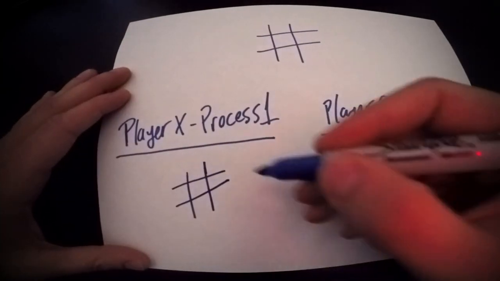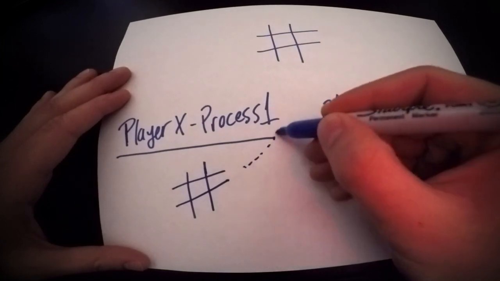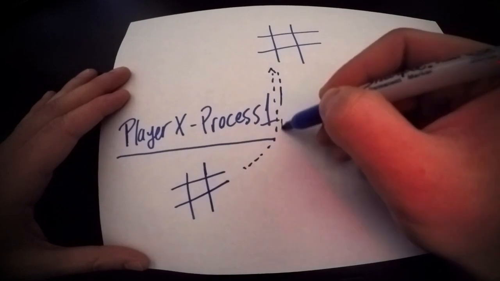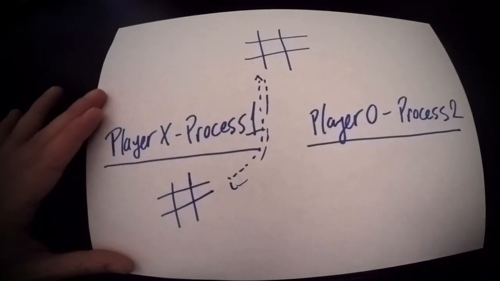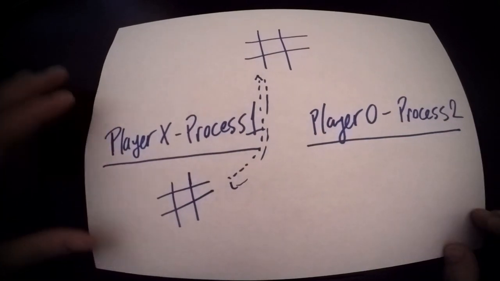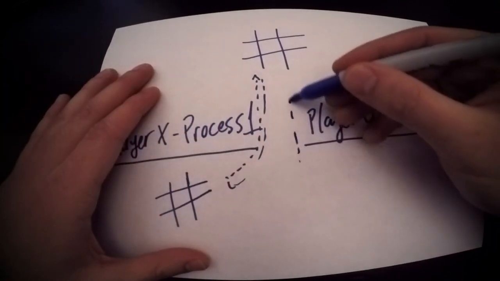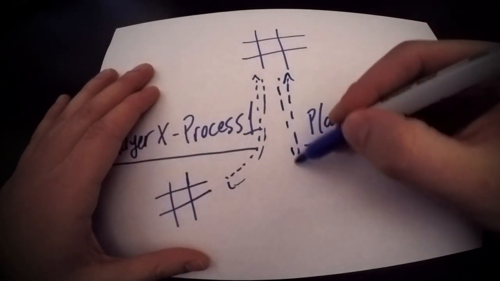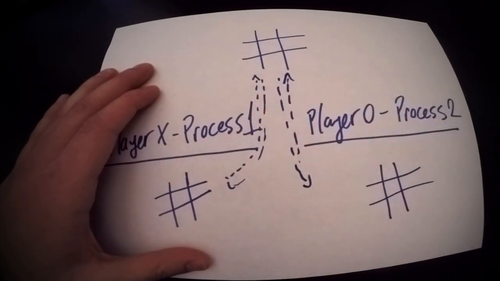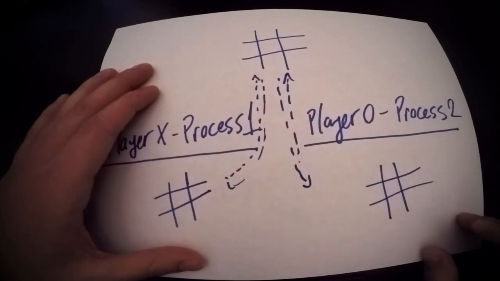Now player X gets the table, it wants to make a change on it, but at the same time process 2 gets the table.